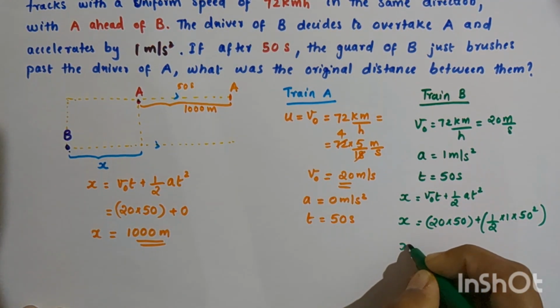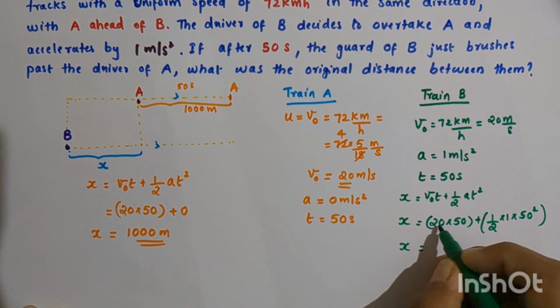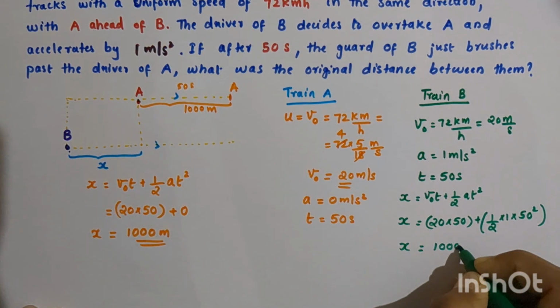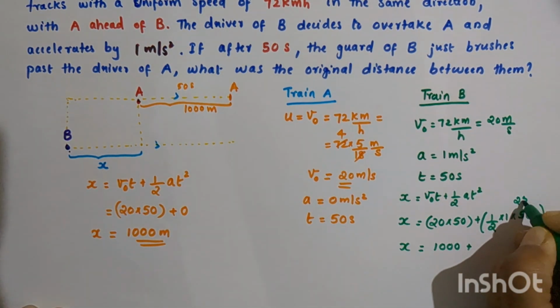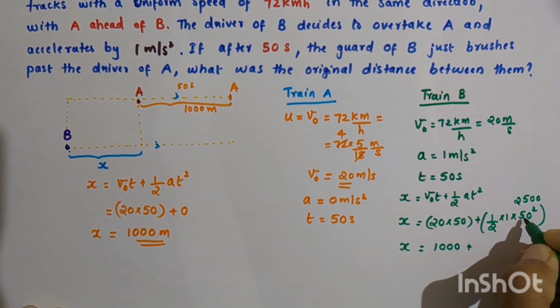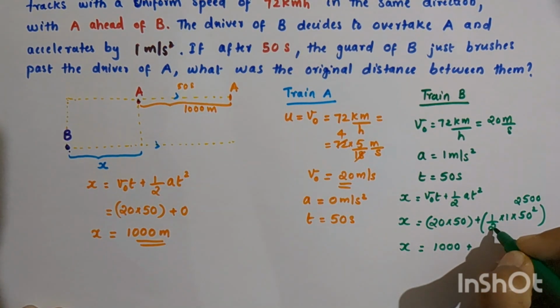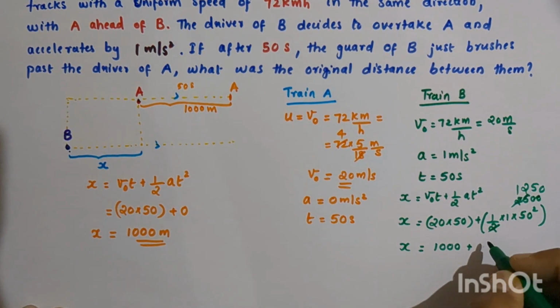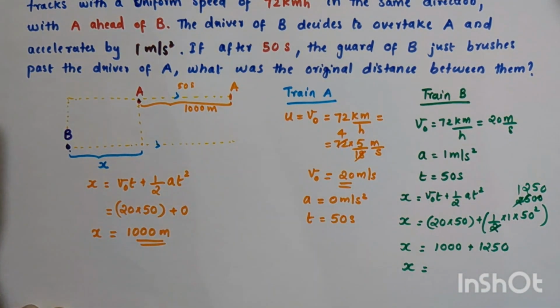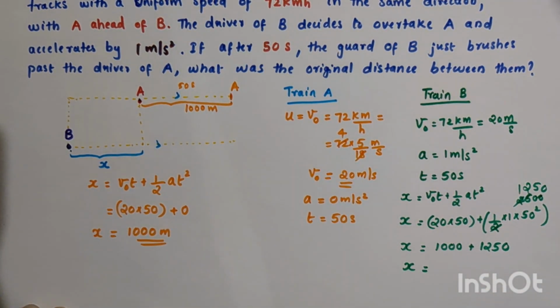So x is equal to 20 into 50, which is 1000, plus 50 square, which is 2500, then half of it: 1250.